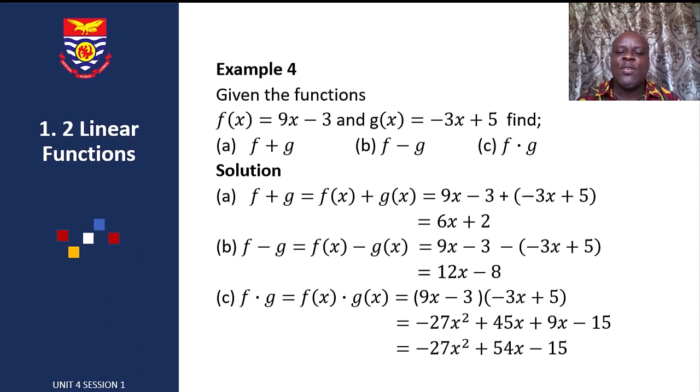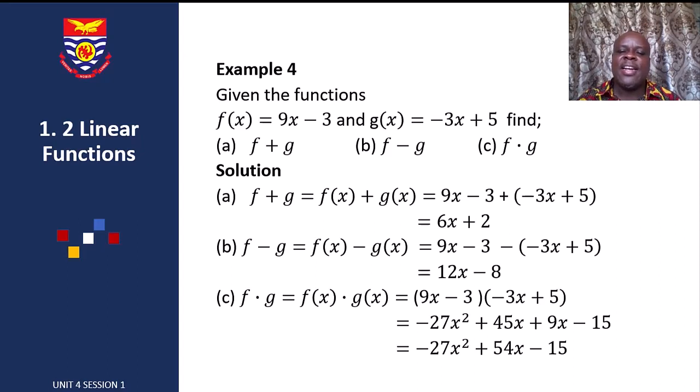Let's look at the second one, f minus g. So over here, the order is important. We bring the f first before the g. So f of x is 9x minus 3. Then g of x. Because of the minus, we bring the parenthesis. Negative 3x plus 5.